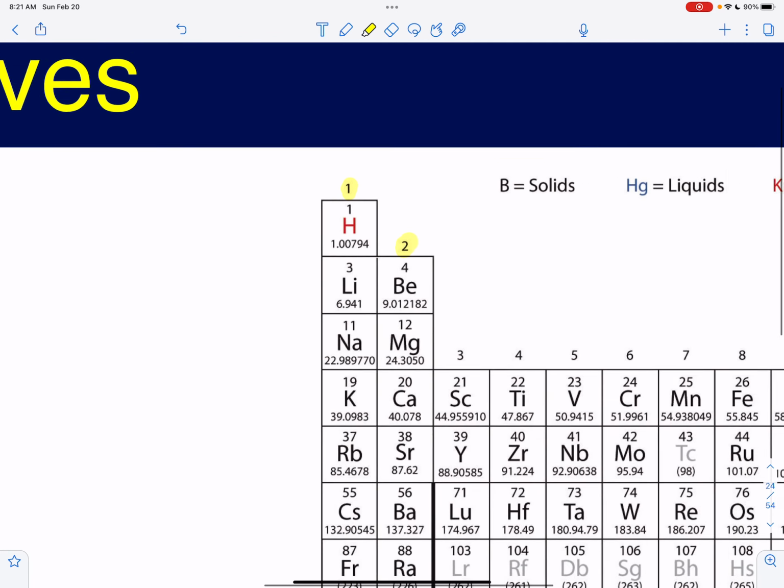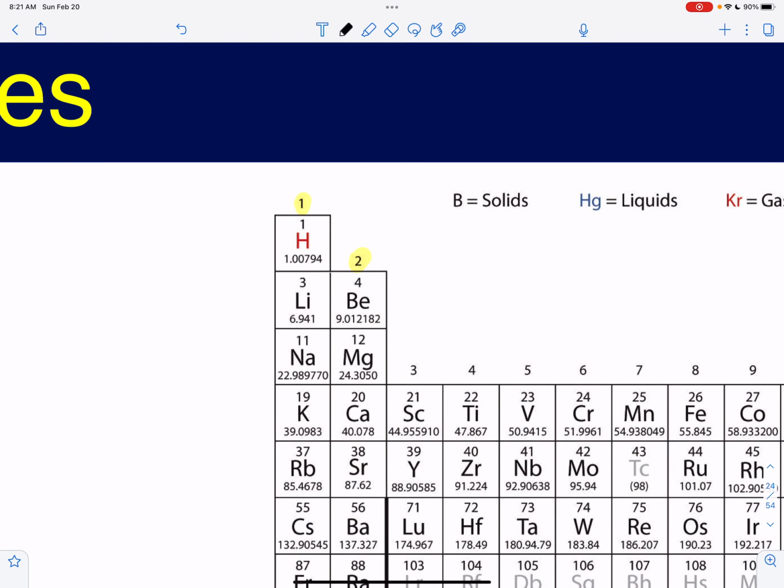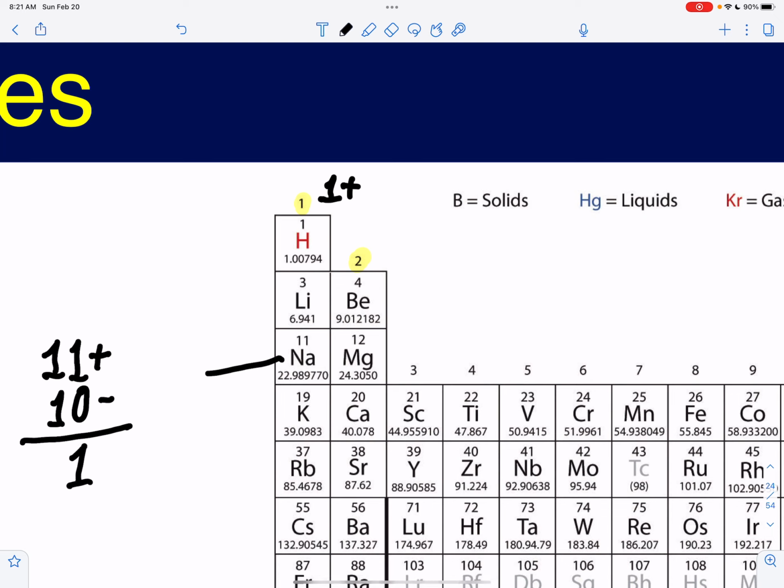So we know why this one is going to be 1 plus, right? Because, for example, sodium began with 11 protons. And it also began with 11 electrons, right? But we gave 1 off, so now we have 10 electrons. So when you put those two together, what do we have? We have 1 plus. That's why this is 1 plus.